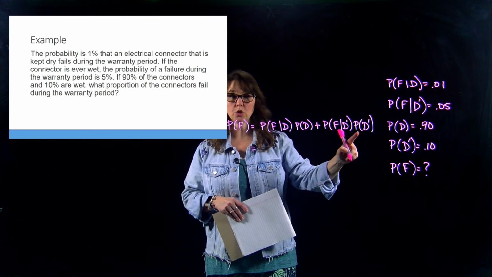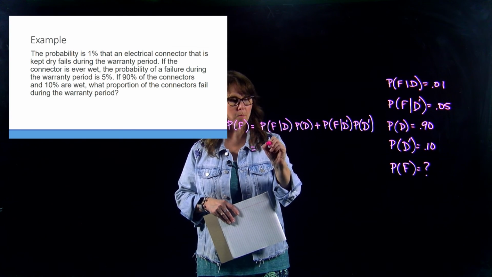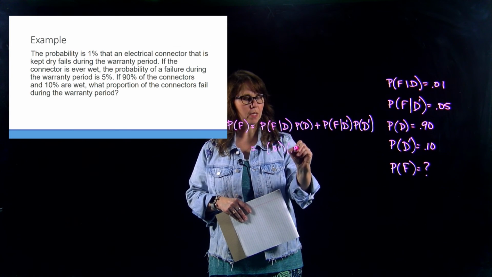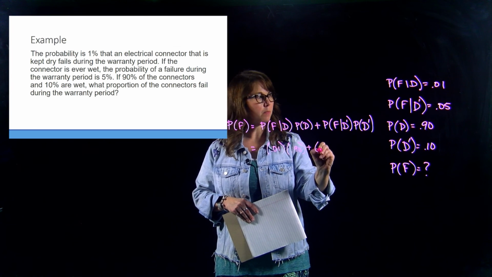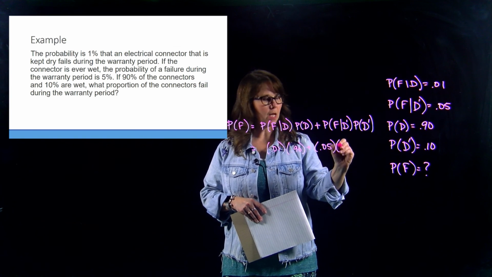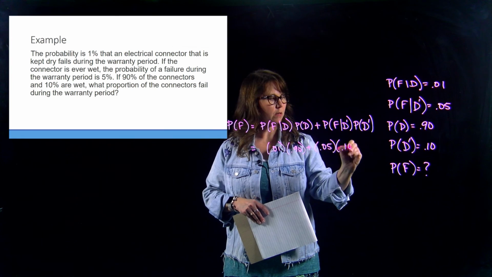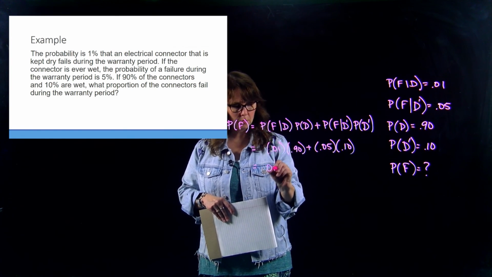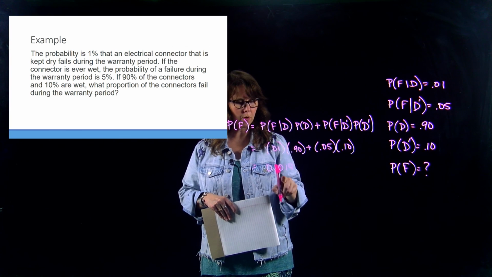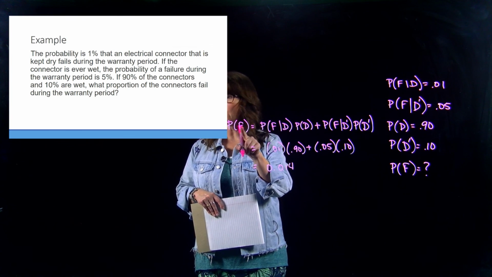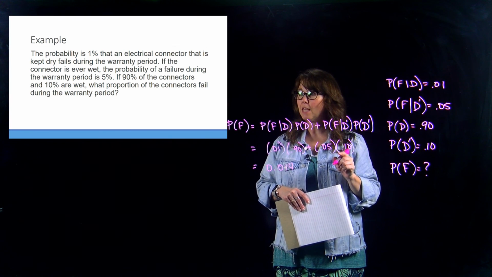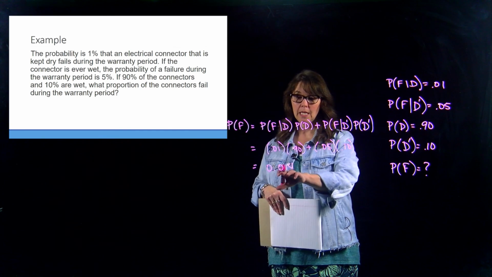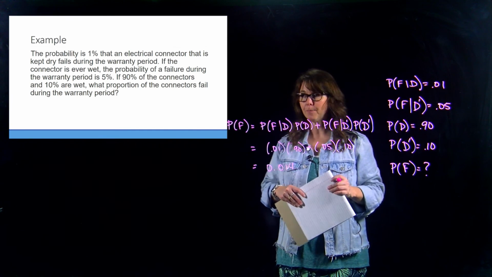So now we just need to plug our values in. 0.01 times 0.90 plus 0.05 times 0.10. And you do the math and you get 0.014. So the probability that the electrical connector will fail is about 1.4%.